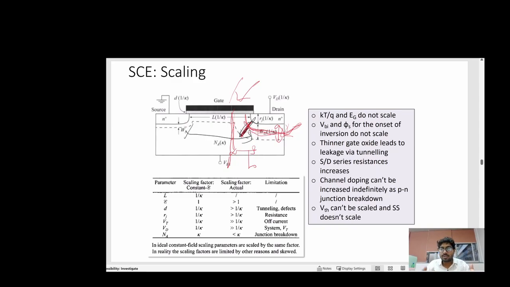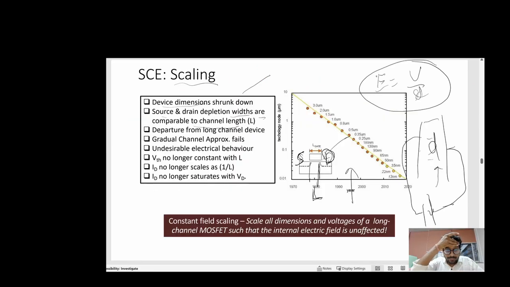Accordingly you need to dope the semiconductor, then only you can decrease this one. Accordingly you need to apply the voltage between source and drain. Accordingly, you need to apply the voltage at the gate. So, how can you do that? That we will see.